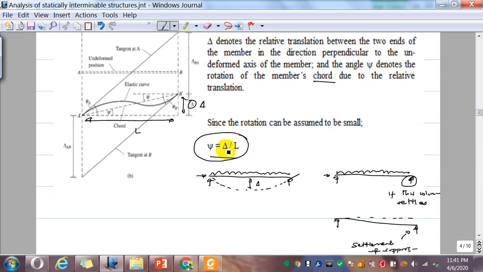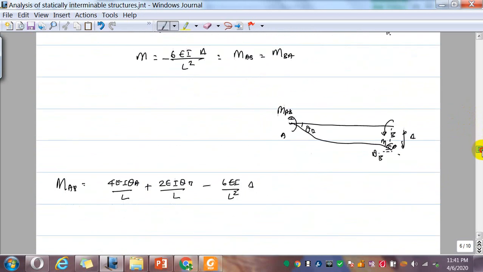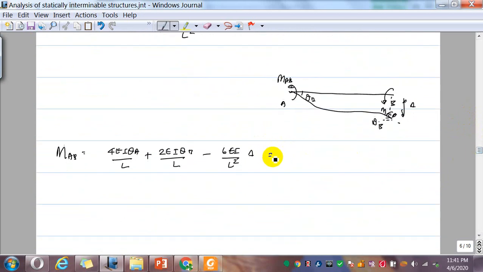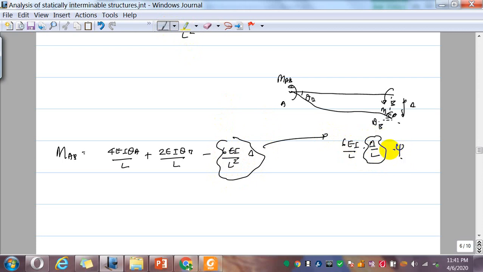You can see psi is delta over L. So if I replace this delta over L with psi, I can get this equation as 6EI psi over L. Here I have 6EI over L and delta over L, and if I replace delta over L with psi, then it becomes 6EI psi over L.